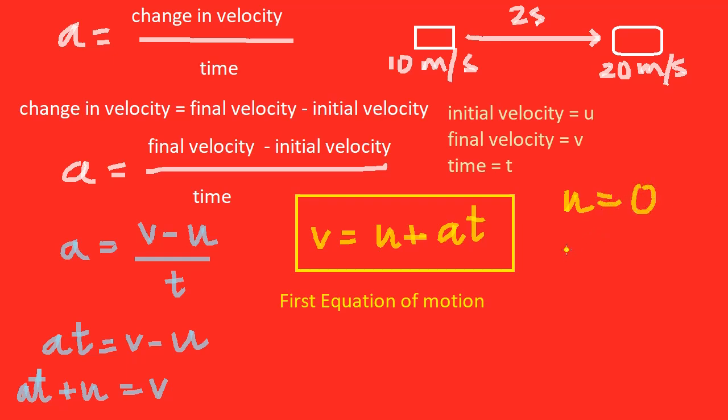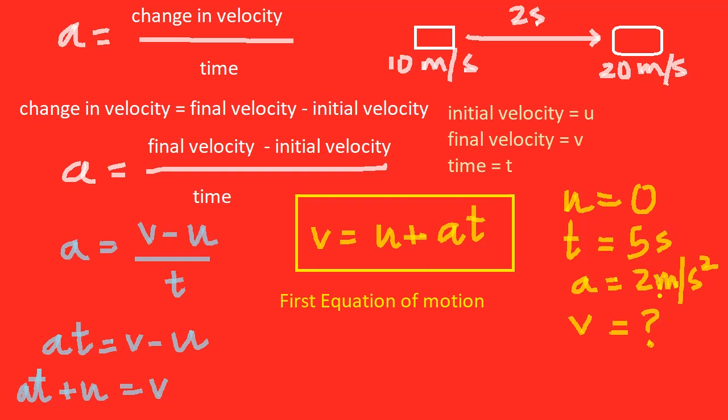And in time t equal to 5 seconds, it is traveling with an acceleration of say 2 meter per second squared. These are the things that are known to us. Suppose we have been asked to calculate what would be the velocity of the body at the end of this time interval, that is, after 5 seconds. So what will be v after 5 seconds?